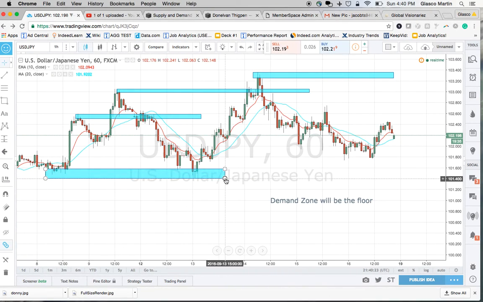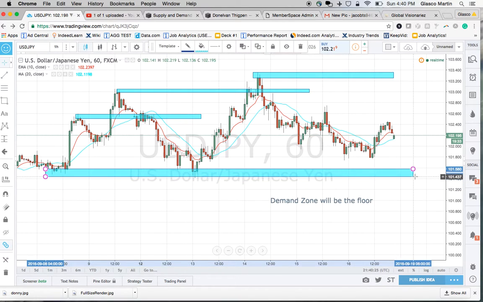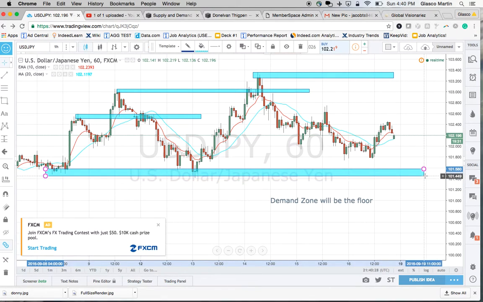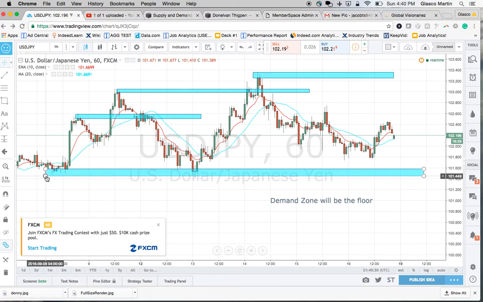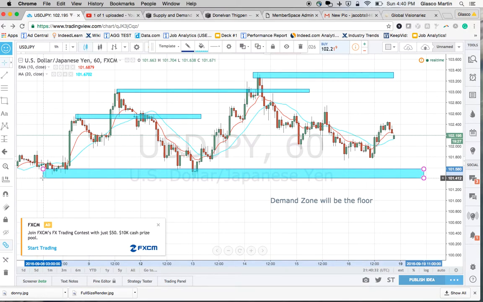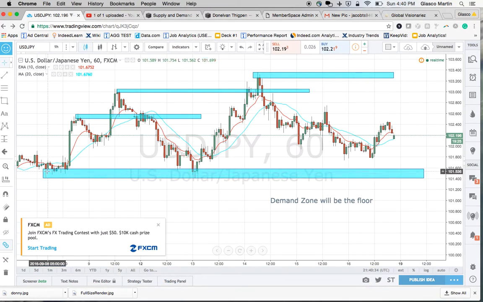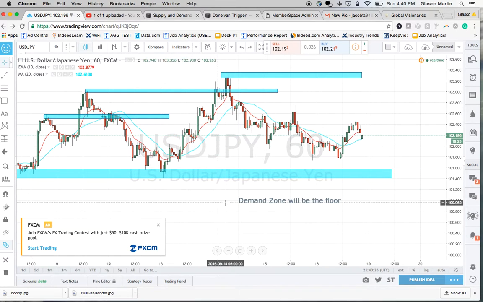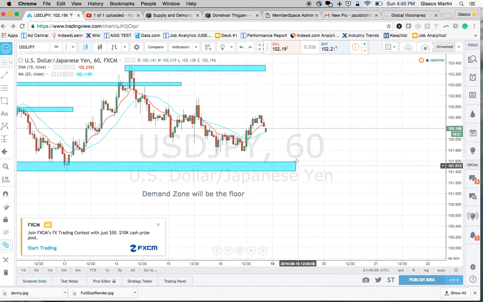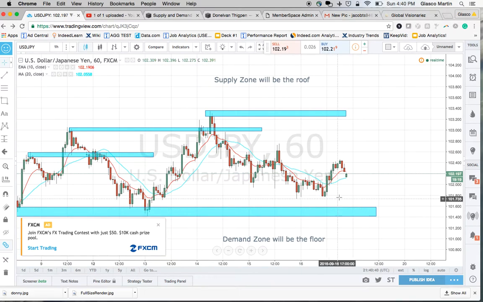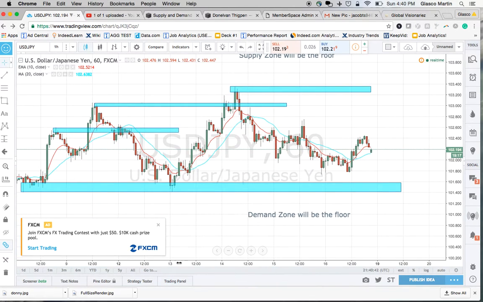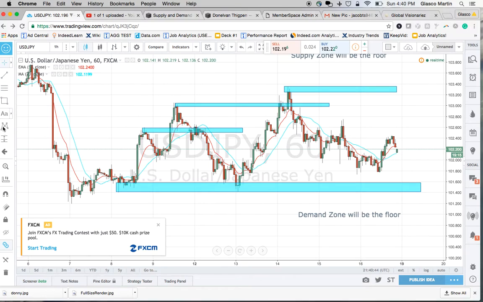And then you could still draw it to the future and wait for the next hit. Always make sure these are accurate. Like, I need to make sure it touches the wick. So you want to make sure these are precise. And then you could wait for it to hit this area, and you would be looking for a buy again. So I'll just label these real quick.